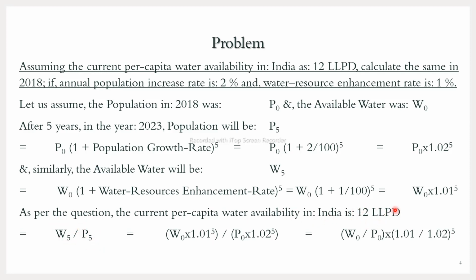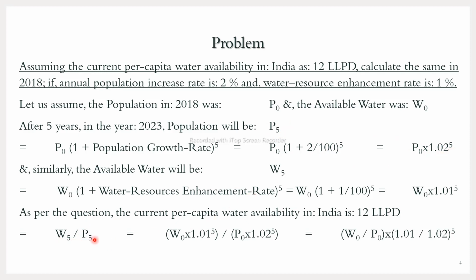This is basically 12 LLPD. So in the place of W5, we put this relation: W5 equals W0 into 1.01 to the power 5. And in the place of P5, we put this equation: P5 equals P0 into 1.02 to the power 5, that we have derived earlier.